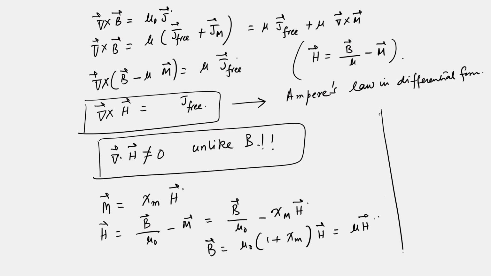Just some values of mu: 0.99 something, very close to 1 times mu 0 of free space. This is for a diamagnet, say for example, bismuth. So, paramagnets have mu almost equal to mu 0, and mu equal to 1.00002 mu 0 is for aluminum.